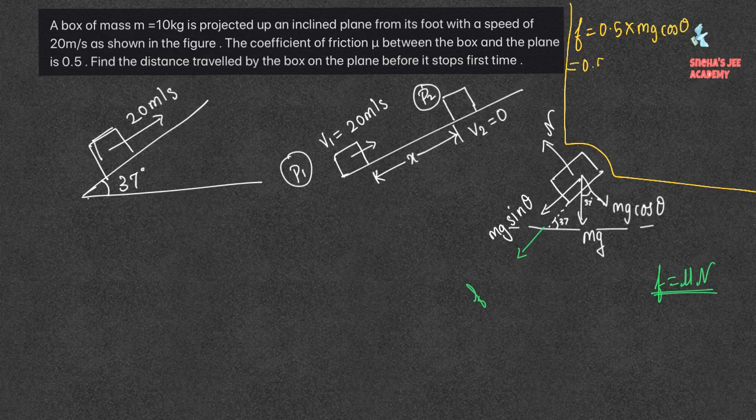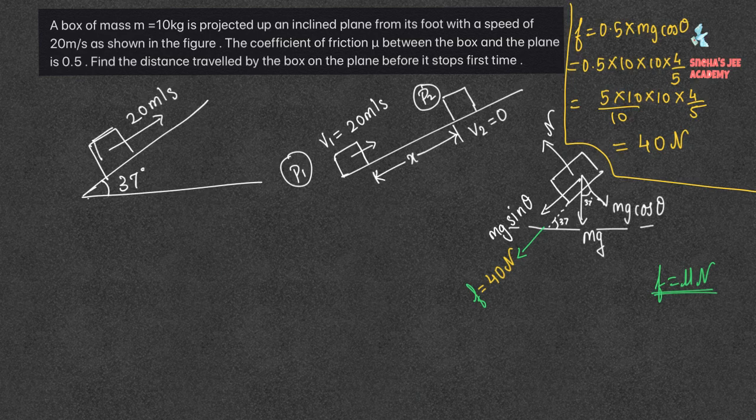So we have 0.5 into mass 10, gravitational acceleration 10, and cos 37, which is 4 upon 5. So we get 40 Newton. So the friction is 40 Newton.